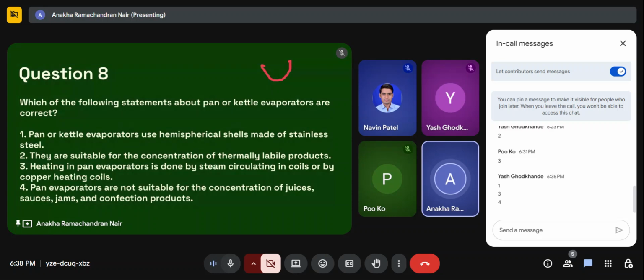Option 4: pan evaporators are not suitable for concentration of juices, jams, sauces, and confection products. So, what do you think the correct answer or answers are?